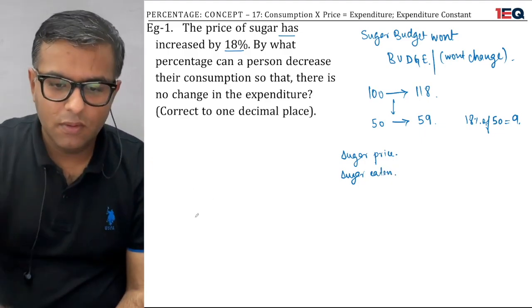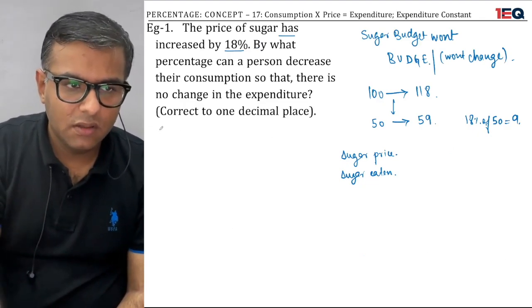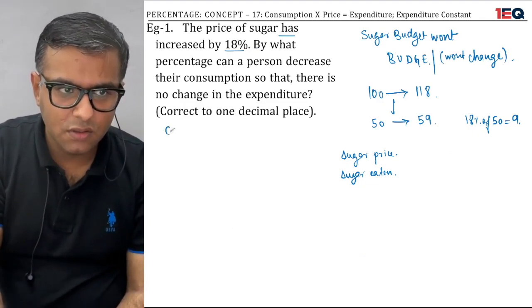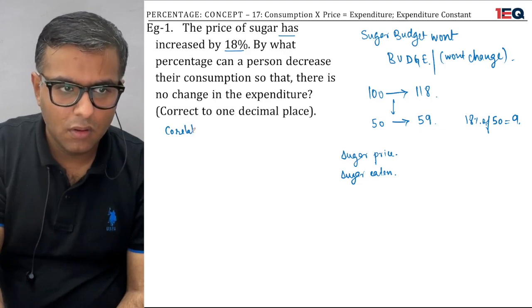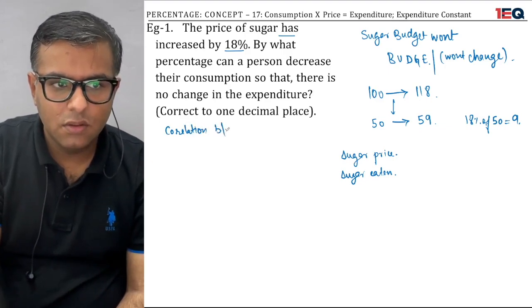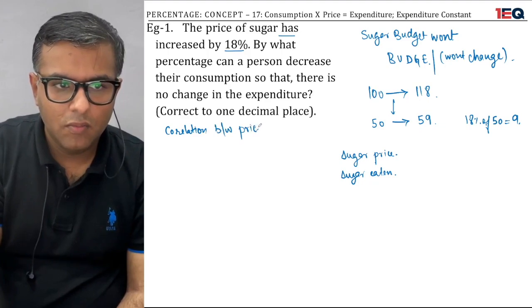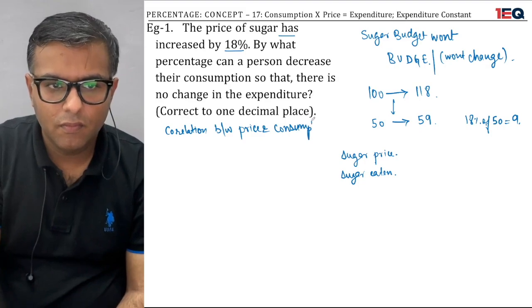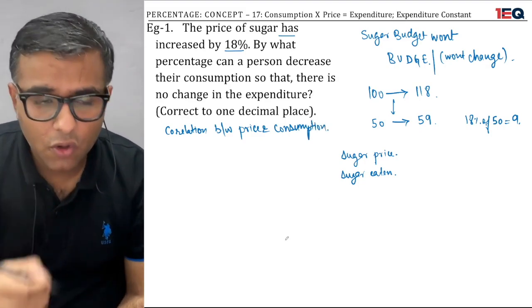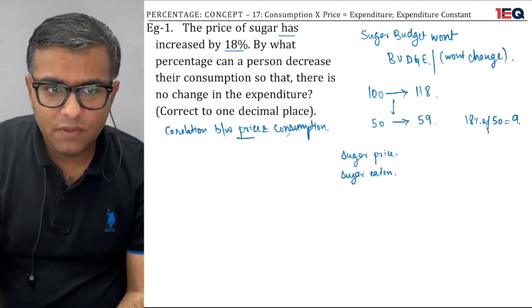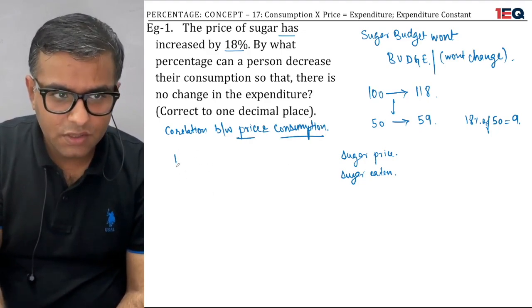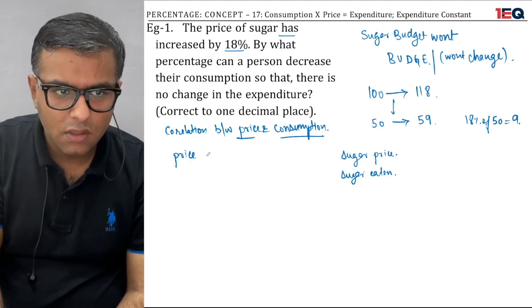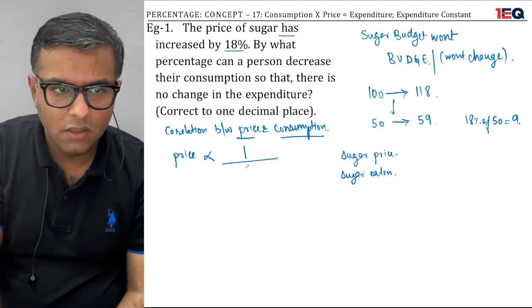One thing I forgot to tell you about in the previous slide, there is a correlation between price and consumption. When I talk about correlation, the price tends to fiddle with the consumption in an inverse manner.